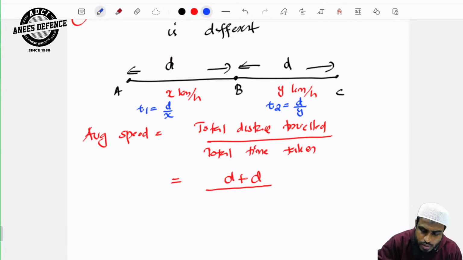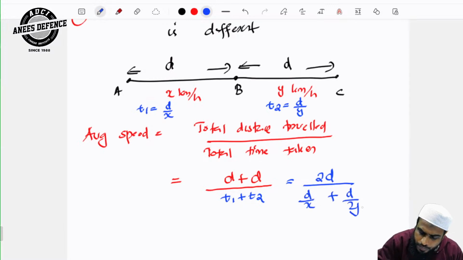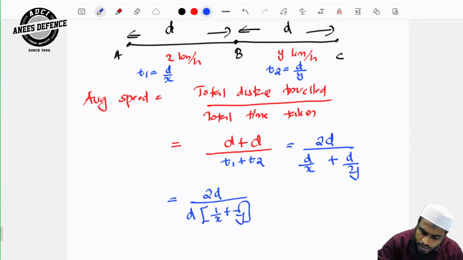So total distance is d plus d. So total time is t1 plus t2. So numerator 2d, denominator instead of t1 you can put d by x, instead of t2 you can put d by y. So you can take d common, so you will get 1 by x plus 1 by y.